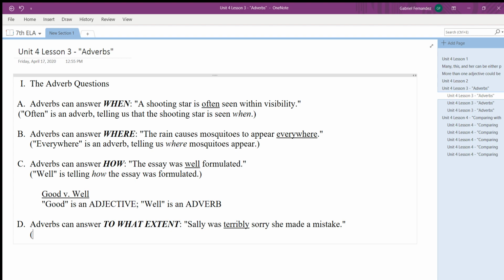Well, I'm here to tell you that not all adverbs end in ly, because you can see on this entire page of 4 different adverbs that the only adverb ending in ly is terribly. We have well, we have everywhere, we have often, which are all adverbs, and none of them end in ly.